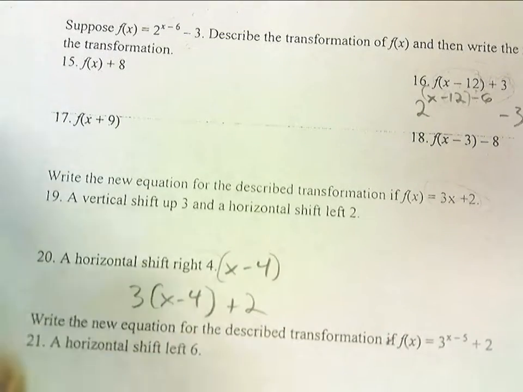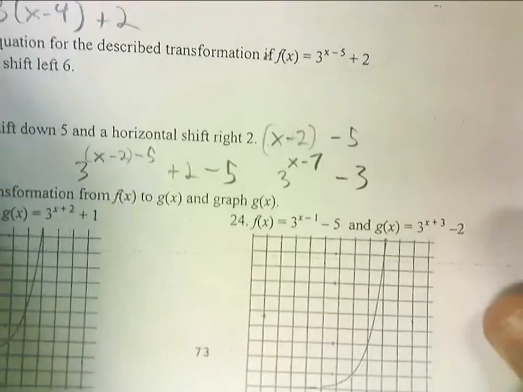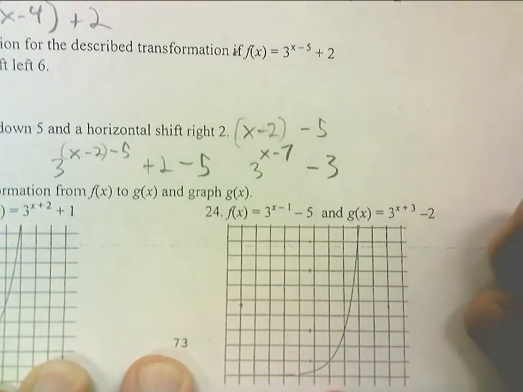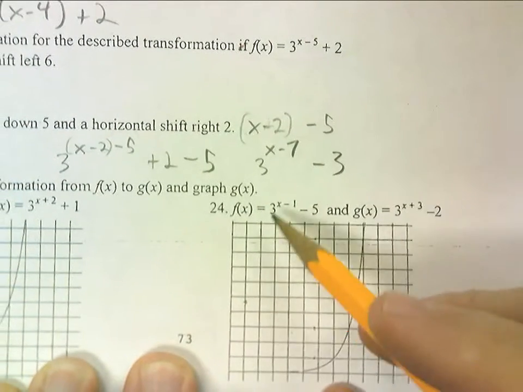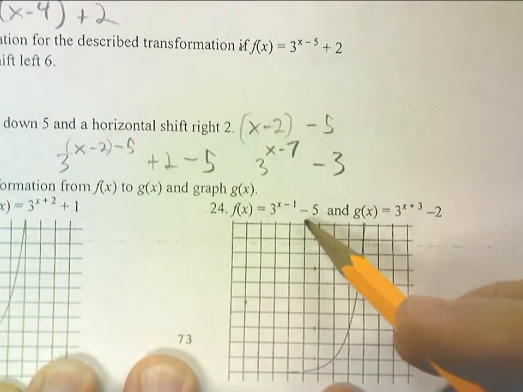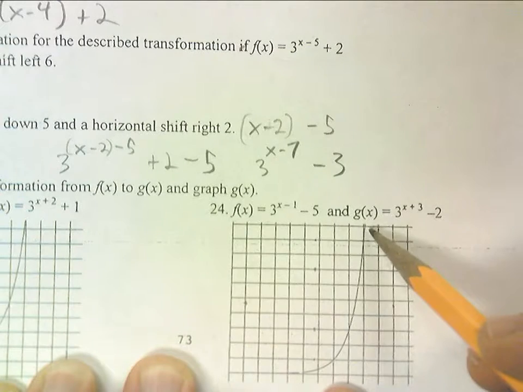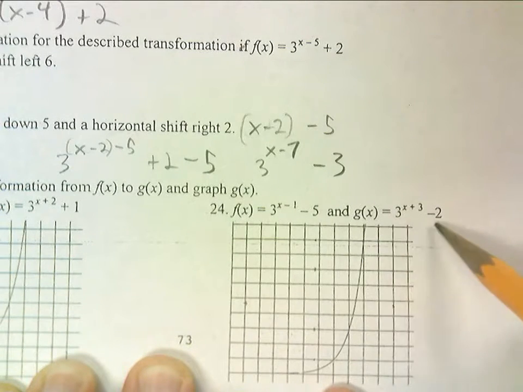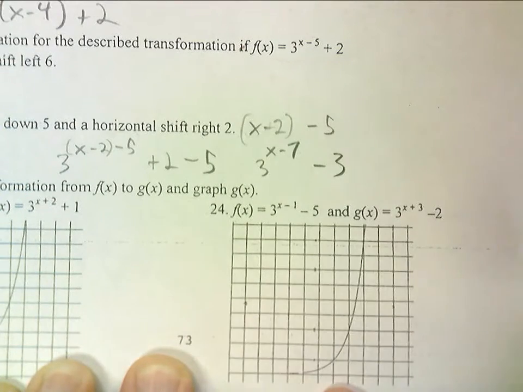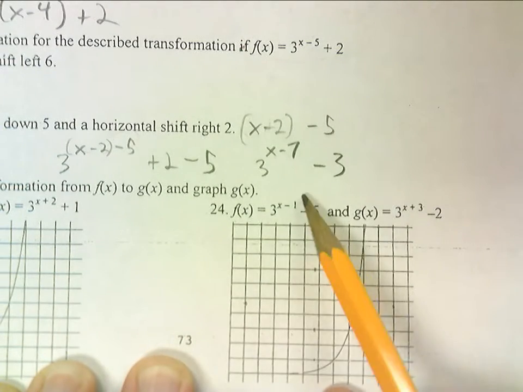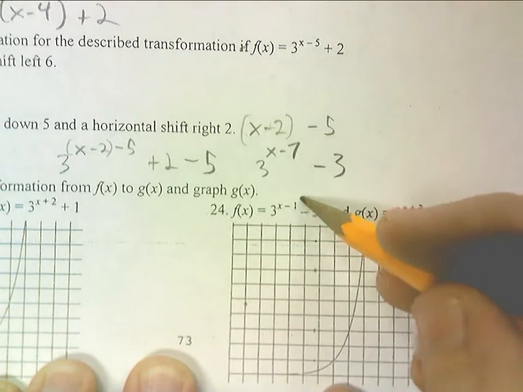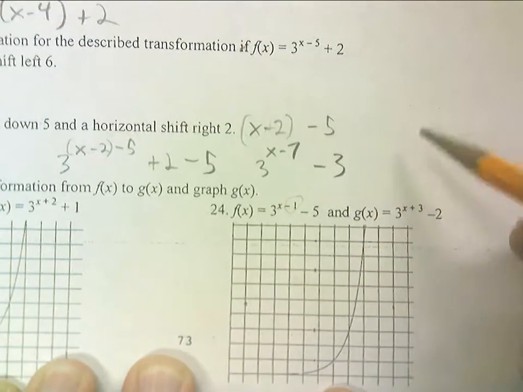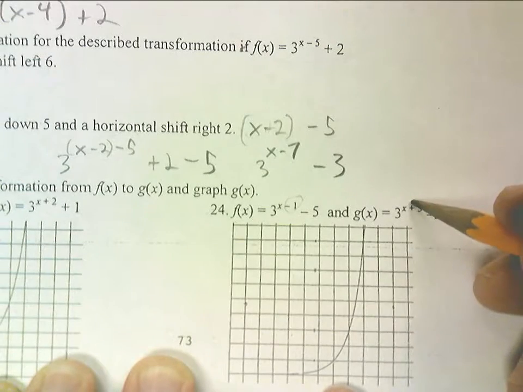And then one last thing, I'll show you the graph real quick here. On 24, my original graph is 3 to the x minus 1 power minus 5. And the new equation is 3 to the x plus 3 minus 2. So first things first, I'm going to look at how that would shift my line. I noticed that I went from negative 1 next to the x to a plus 3.